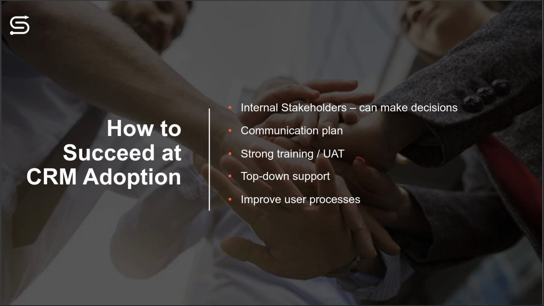And then strong training and UAT is so important, because a lot of times when we're dealing with these implementations, we've got a lot of diversity in the user set. Just like in our poll today, we've got people who have been a part of successful implementations, people who have been a part of unsuccessful implementations, and people who've never seen CRM before.